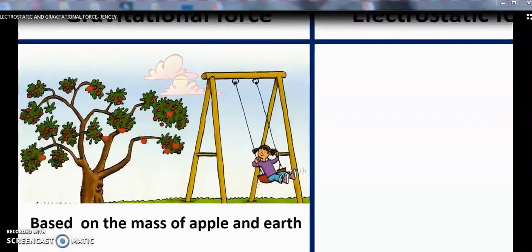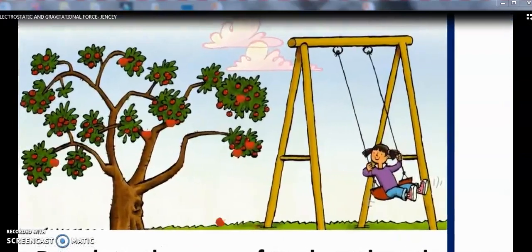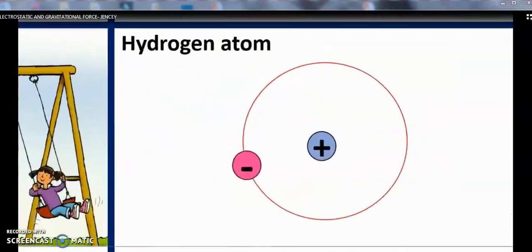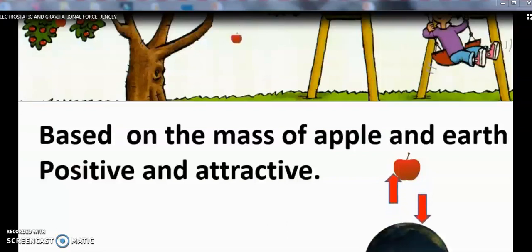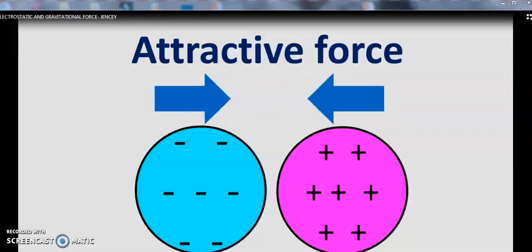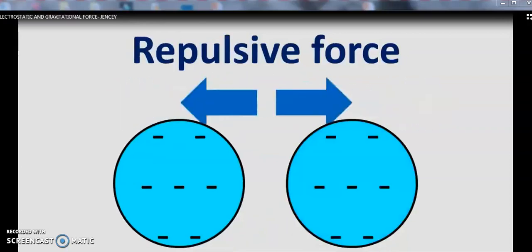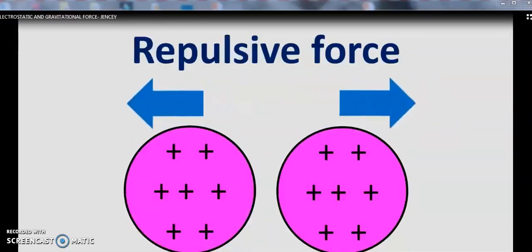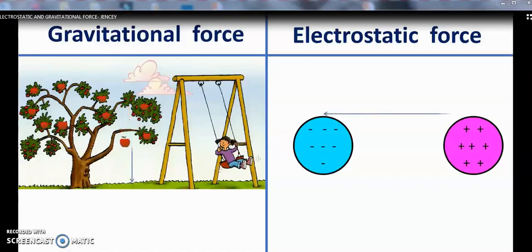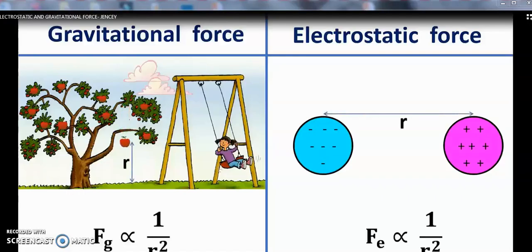Gravitational force is based on mass. Electrostatic force is based on charge. Gravitational force is always positive and attractive, whereas electrostatic force is attractive or repulsive. Both forces are inversely proportional to the square of the distance between them.